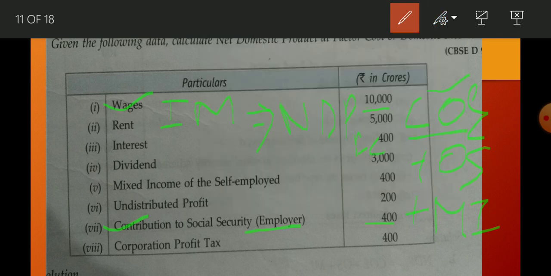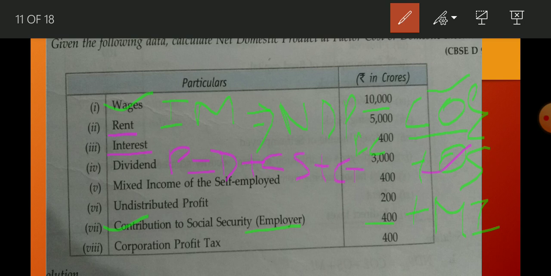Operating surplus is the sum total of rent, interest and profit. But here the value of profit is not given directly, its components are given. Profit is the sum total of dividend, corporate saving and corporate tax.